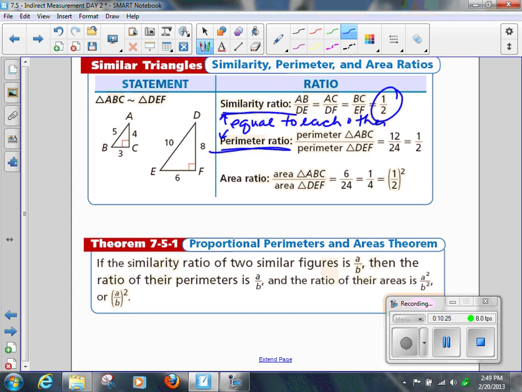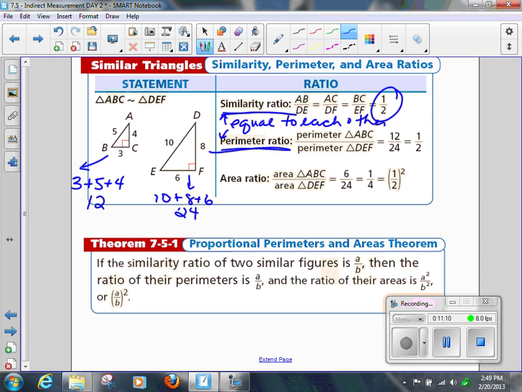The perimeter of triangle ABC is 3 plus 5 plus 4, which is 12, right? The perimeter of triangle DEF is 10 plus 8 plus 6, which is 24. Y'all cool with that? 12 over 24 is equal to 1/2, yes?